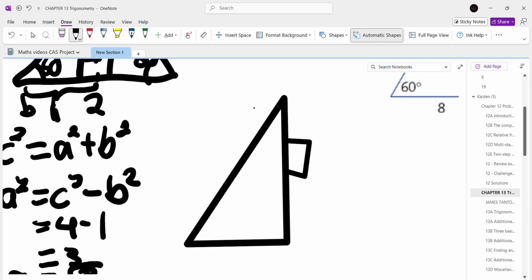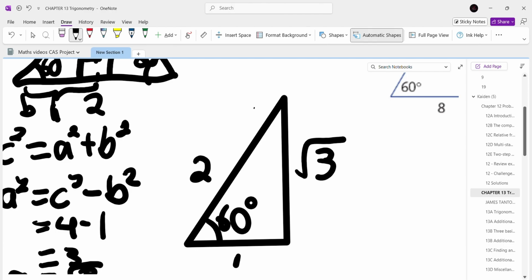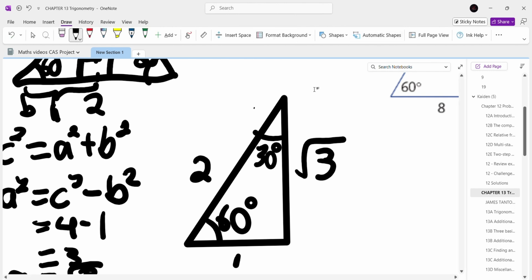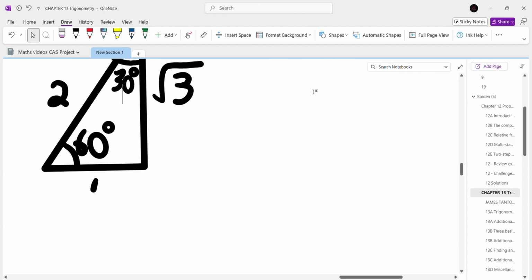So this is root 3, as we've proven earlier. This is 2, this is 1, and then we've got our 60 degrees, and we've got 30 degrees here. So we have to remember our trigonometric ratios. So let's just try and prove all of them actually over here. So our reference angle here is 60 degrees.